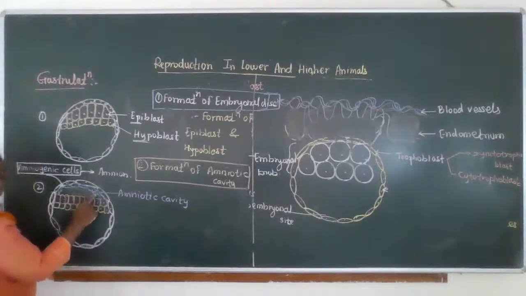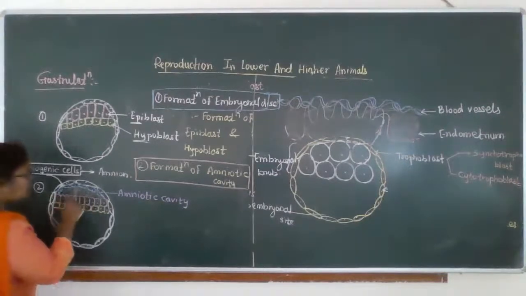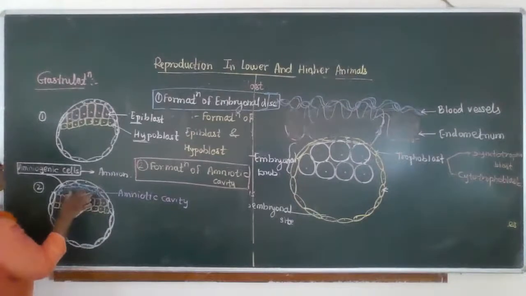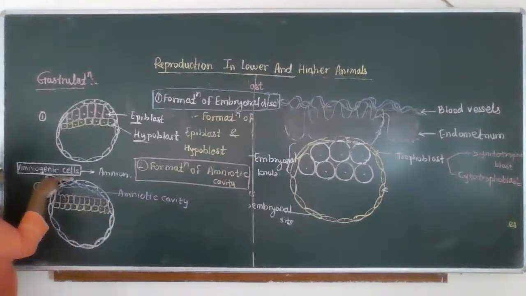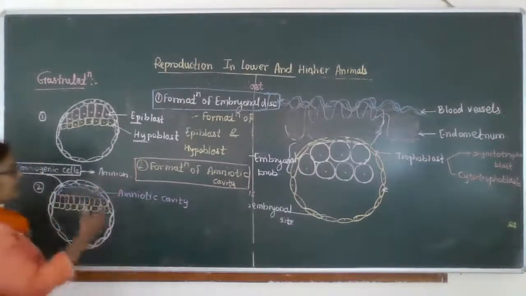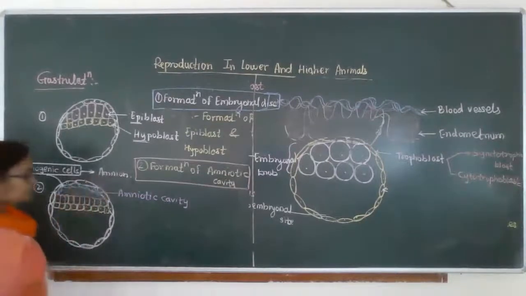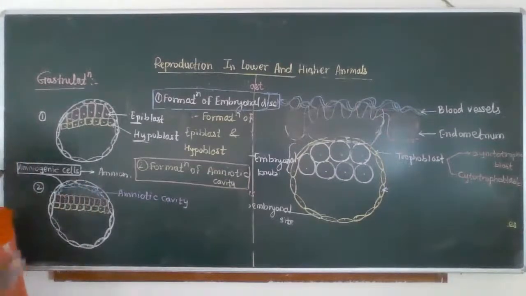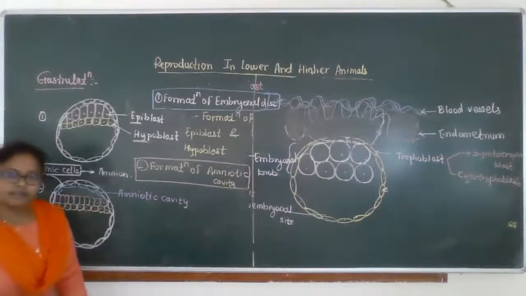Now you can see that a question can be asked in an exam: the roof of the amniotic cavity is formed by which type of cells? These cells are called amniogenic cells, and they are responsible for formation of the amnion. This amnion is responsible for the formation of amniotic fluid, and this fluid is responsible for providing nourishment to the embryo. Clear? यहाँ तक clear हुआ?